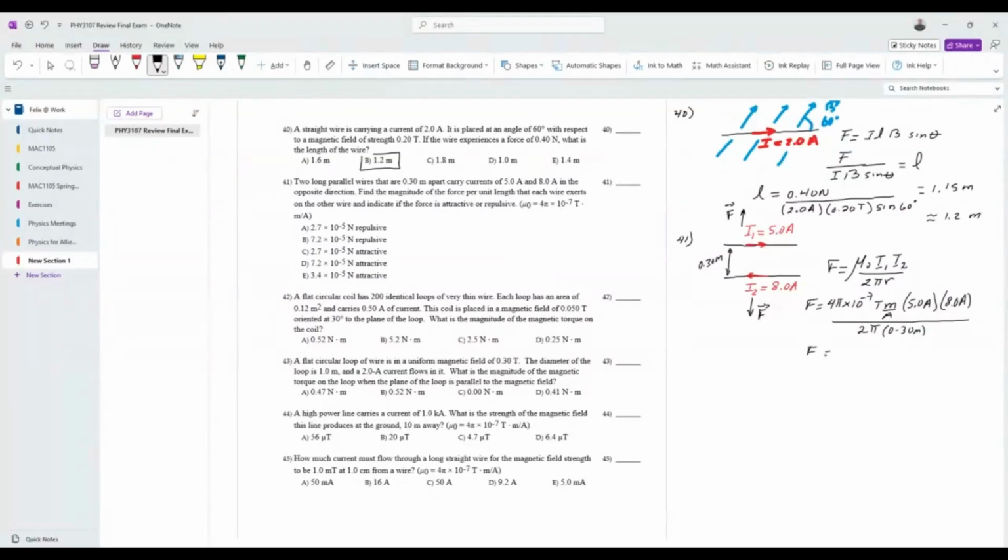So now we can calculate the force, and that force will be approximately 2.7 times 10 to the negative 5 newtons.